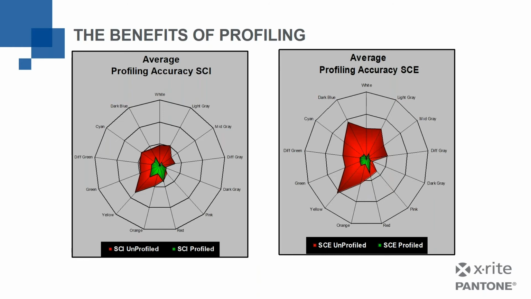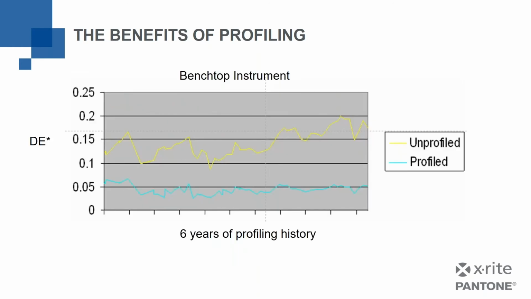So let's look at this in a couple of different ways. This is a single benchtop device, and each of those points on that line is a time when the instrument was profiled over a 6-year history. And the yellow is where the instrument was drifting. Now, you might have expected to see something more of a gentle slope from lower to higher, going left to right.